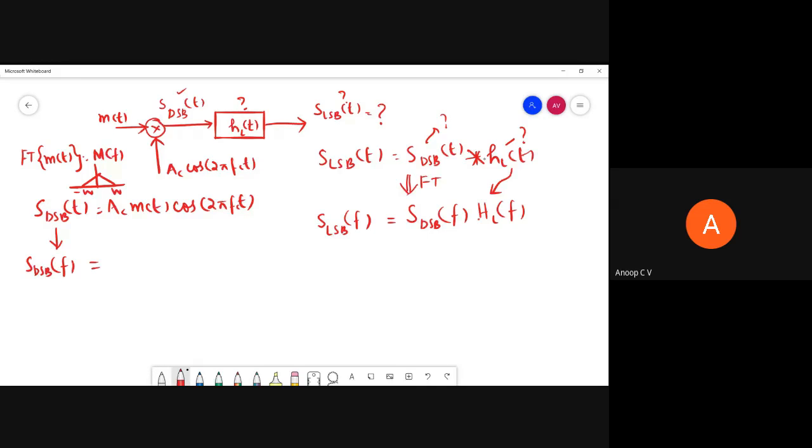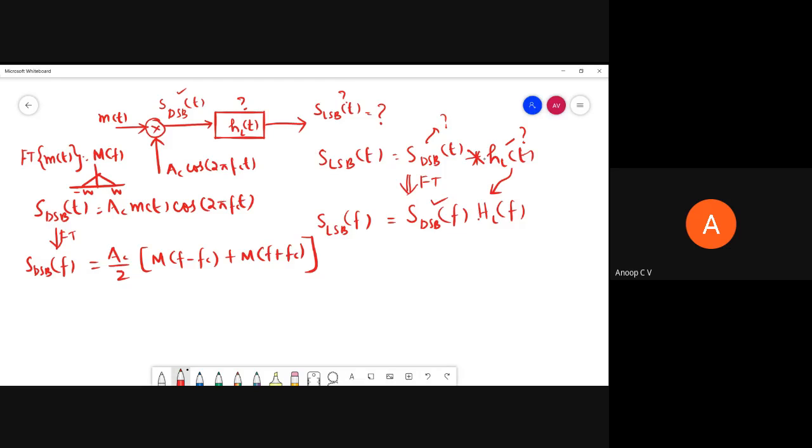Now taking the Fourier transform on both sides, it will be A_c by 2 times M(f minus f_c) plus M(f plus f_c). I've explained how we got this in the previous video, so I'm not doing it again. So we know this S_DSB(f).